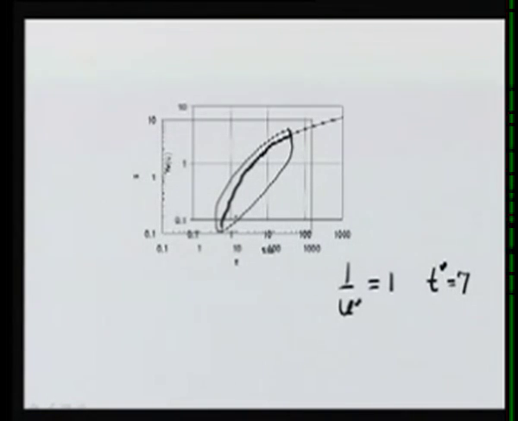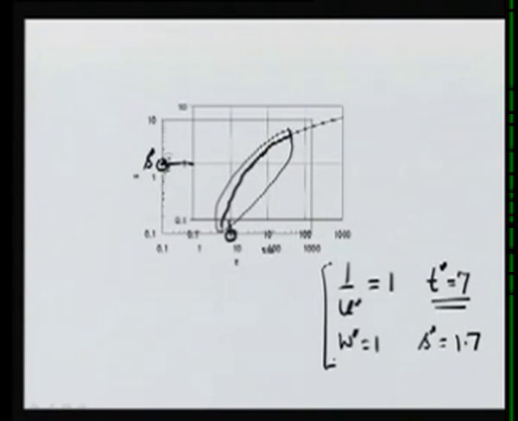for example, this is 1 over u equal to 1 and it corresponds to a t star of 7. Similarly, W also we can take as 1 and it will correspond to an s star of.